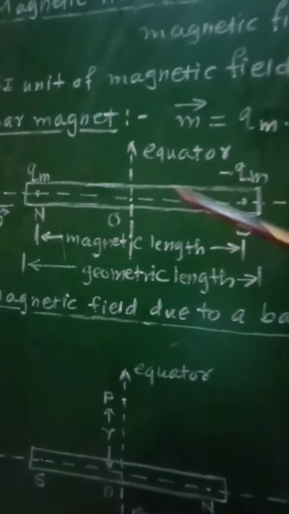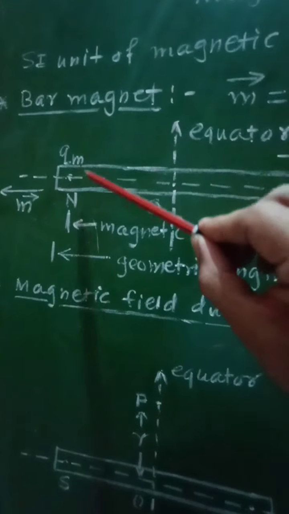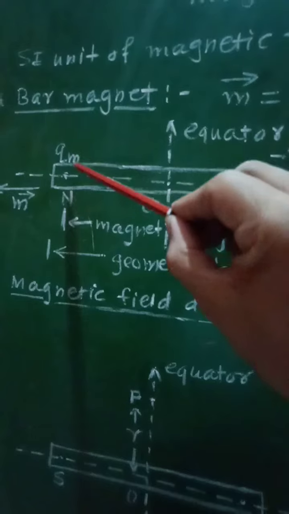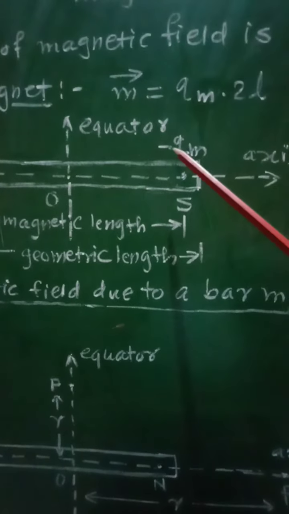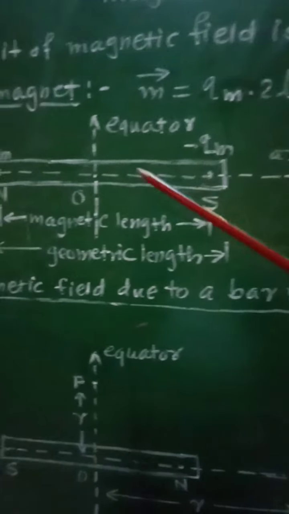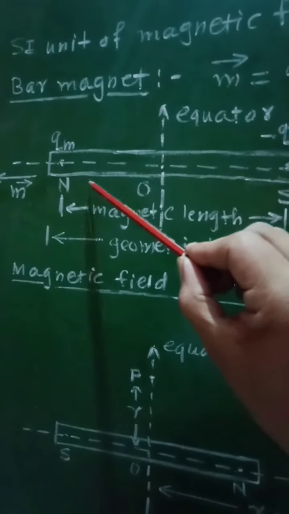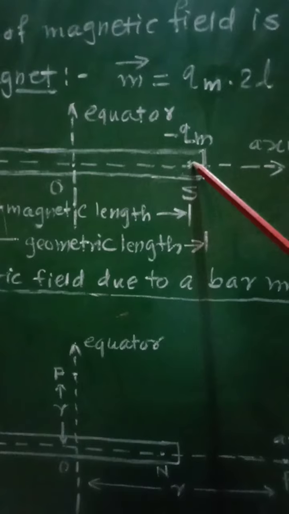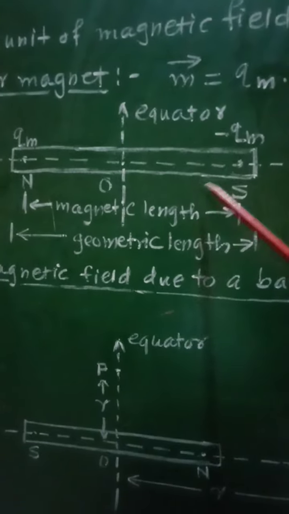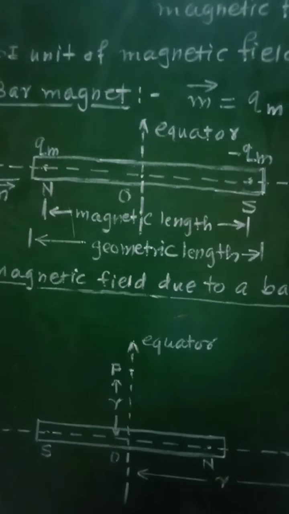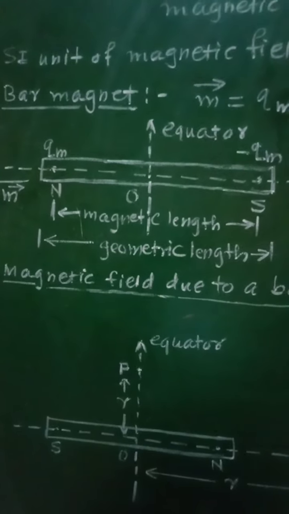Similarly, the North Pole has its pole strength equal to plus Qm, and the pole strength of the S pole is minus Qm. That means North Pole will be considered as positive, South Pole will be considered as negative, and Qm and minus Qm are the pole strengths of N and S poles respectively.